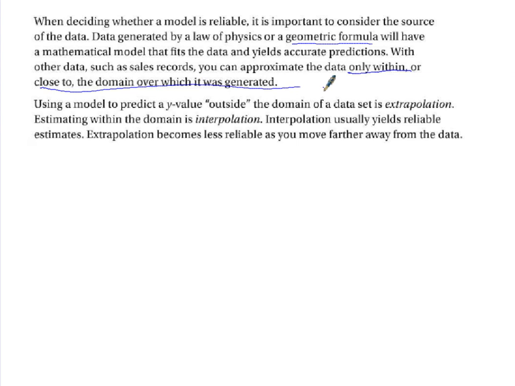Which means if I have a set of data, I can generate a model for that set of data, and I can talk about that set of data with that model. I can talk about anything within the extreme points of that data. I can talk about that model sort of outside of that data. So let's say I come up with a model that looks like this. I can talk about anything from here to here accurately.